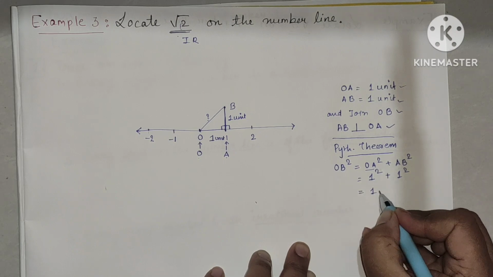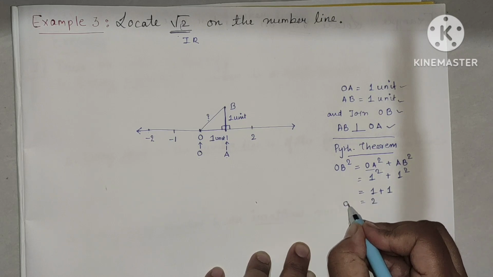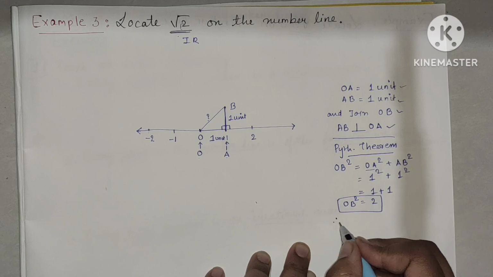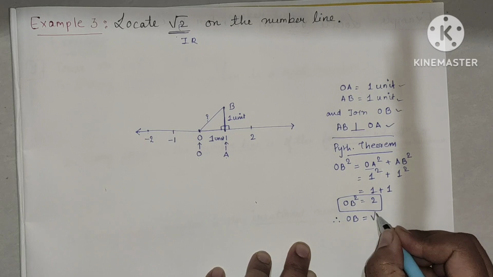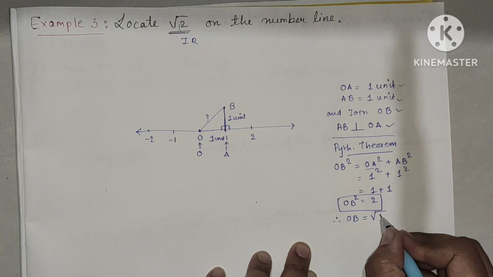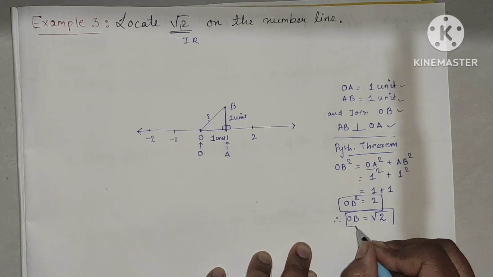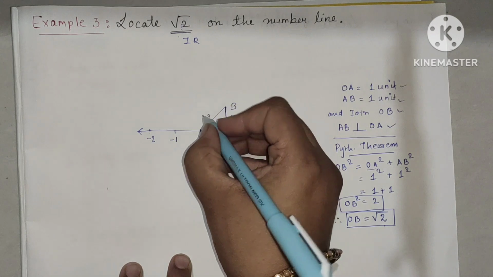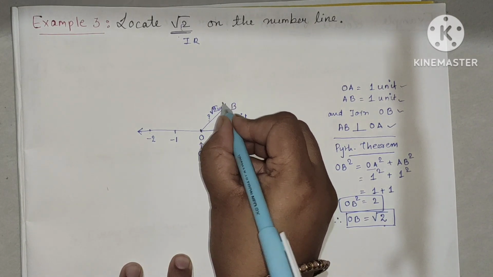Therefore 1 plus 1, you will have 2. So OB square is equal to 2. What will be OB? The square root will go over here and the square will go to the other side. It will become square root of 2. Therefore, this hypotenuse length will be root 2 units.